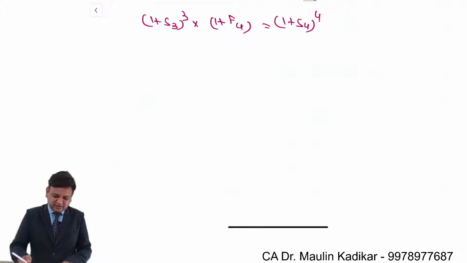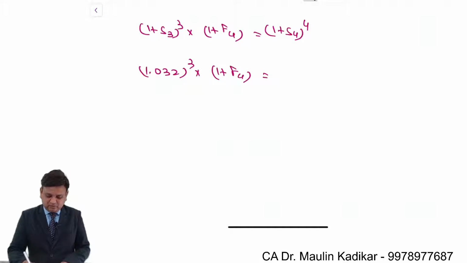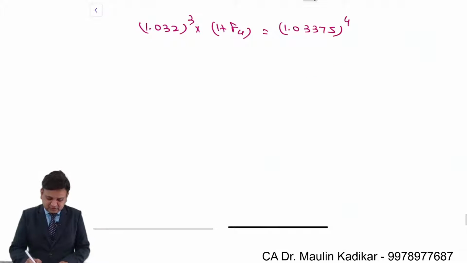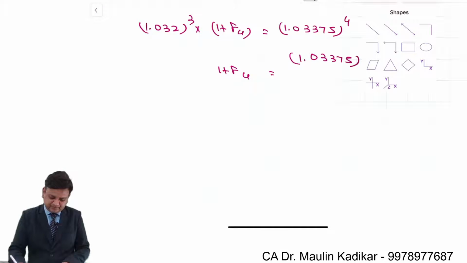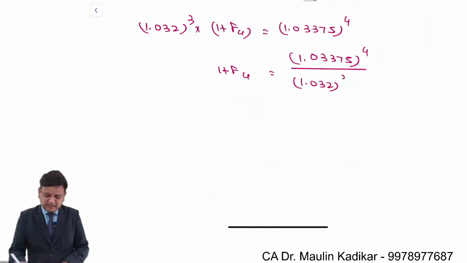So spot rate for the third year is 3.2% into 1 plus F4 is equal to 1.03375 raised to 4. So 1 plus F4 is equal to 1.03375 raised to 4 divided by 1.032 raised to 3.